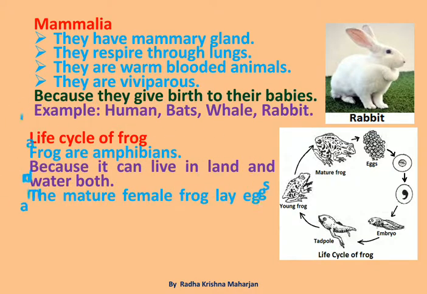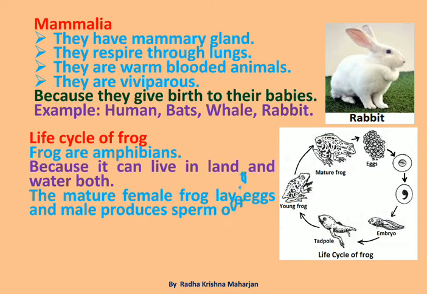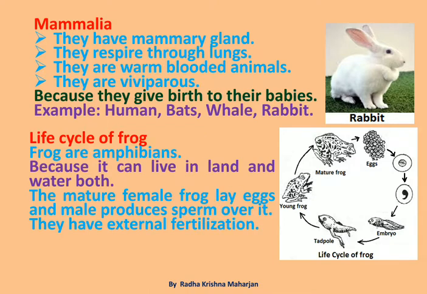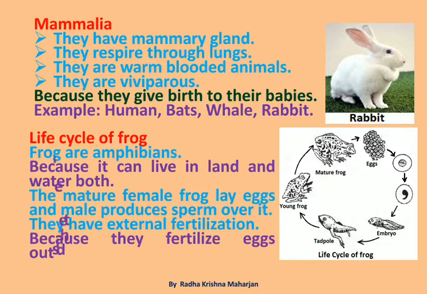The mature female frog lay eggs and male produces sperm over it. They have external fertilization because they fertilize eggs outside the female body.